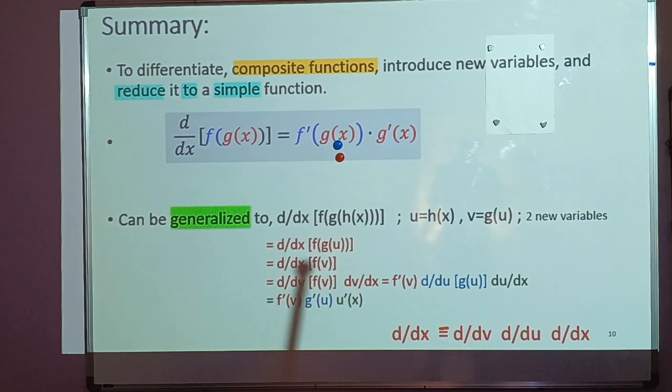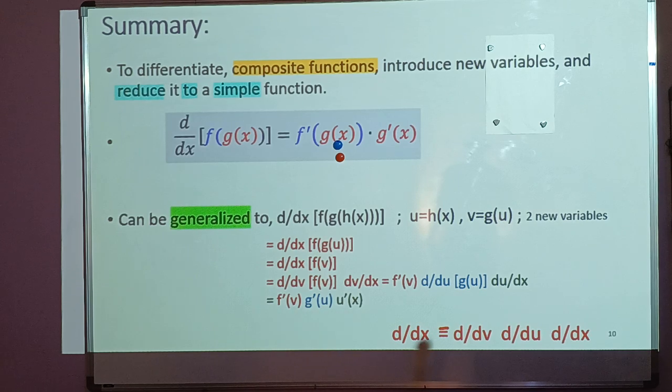Okay, so this I can write as d by dv of f of v into dv by dx, and dv by dx is nothing but, so this is nothing but f dash v, because derivative of a function with respect to the argument itself is nothing but dash. d by dx of v can be written as d by du of v into du by dx, and d by du of v is nothing but g dash u, because it's the derivative with respect to the argument here, and this is also derivative with respect to the argument here, which is u of x, so it's u dash x. So it becomes f dash v g dash u into u dash x.